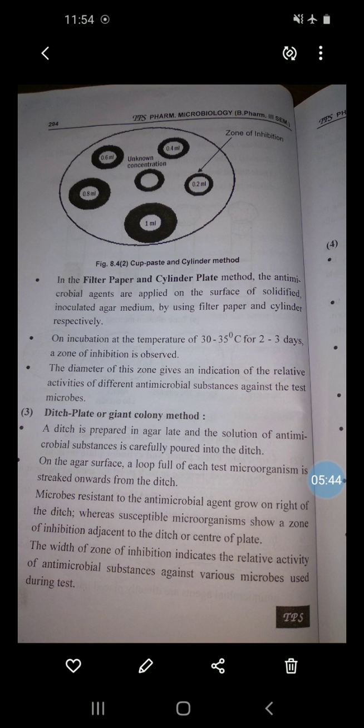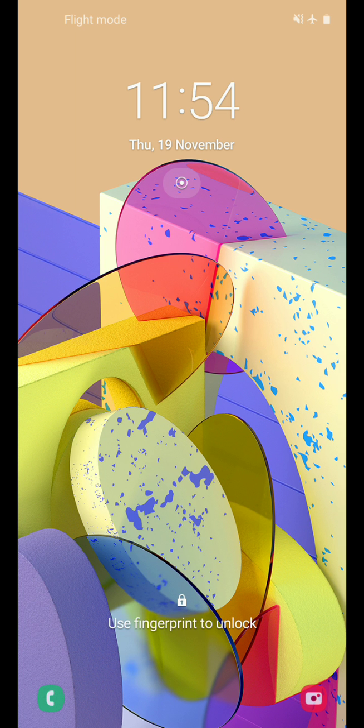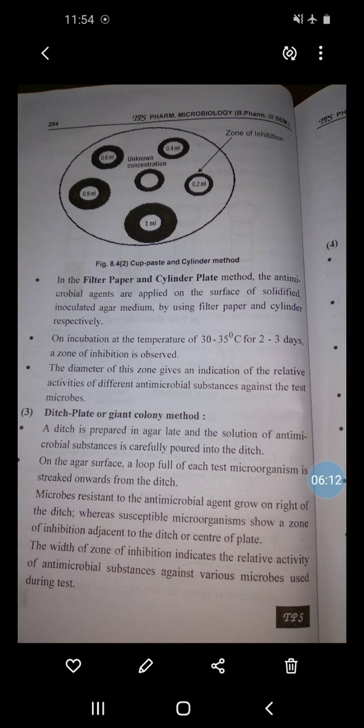Third method, that is the ditch plate or giant colony method. A ditch is prepared in the agar plate and the solution of the antimicrobial substance is carefully poured. Then on the agar surface, a loopful of each test microorganism is streaked outward from the ditch.